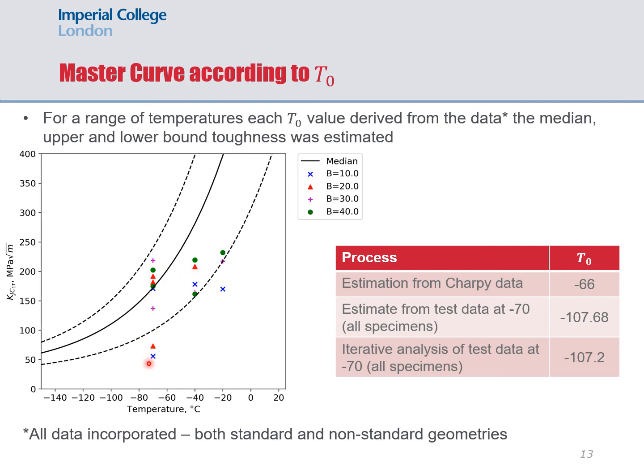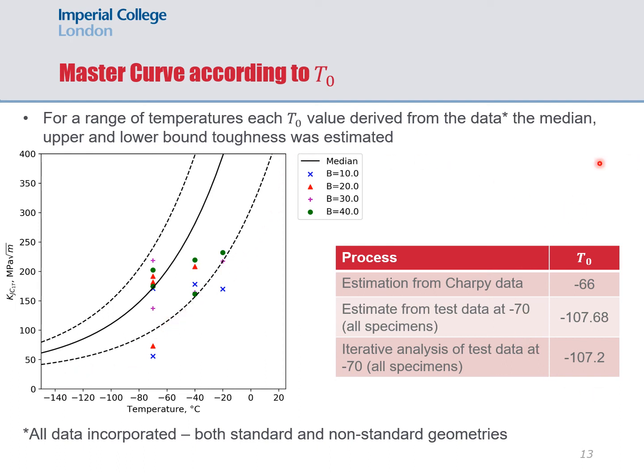So if you look, for example, at this X here, you have another X here, the average is actually going to be above this lower bound toughness. Similarly for the B = 20 or the red triangles, the average toughness for this sample is likely to be here, which again puts it above this lower bound curve.